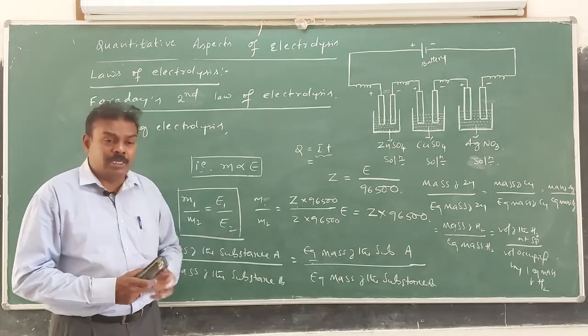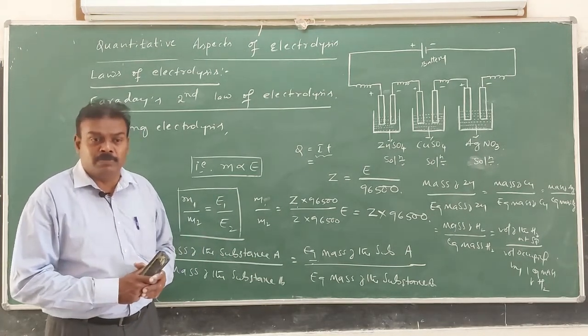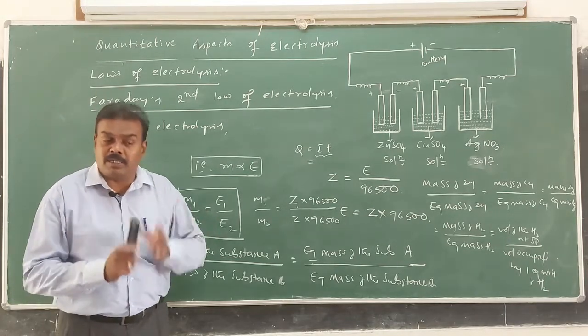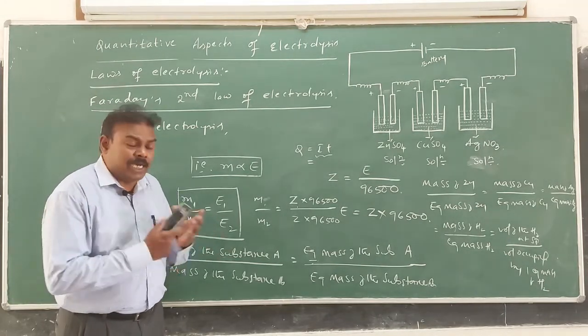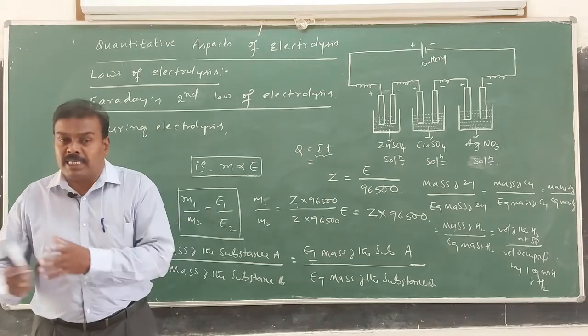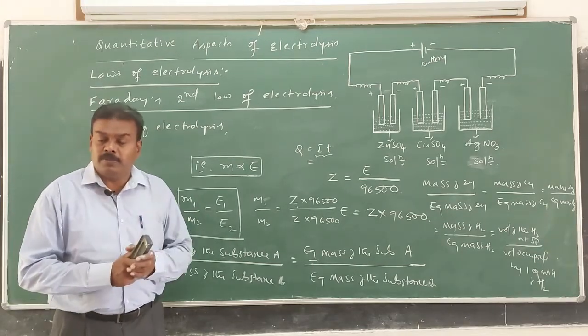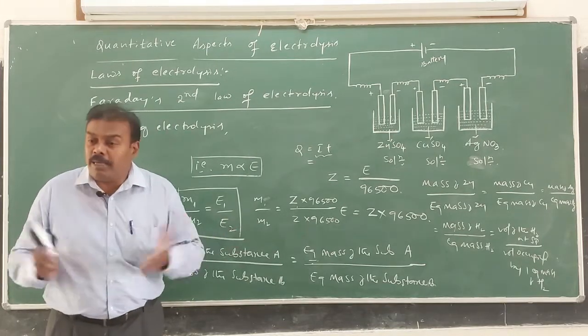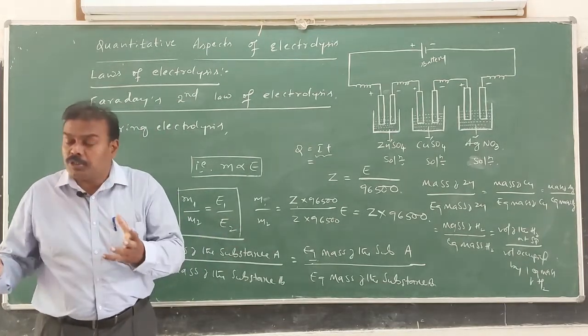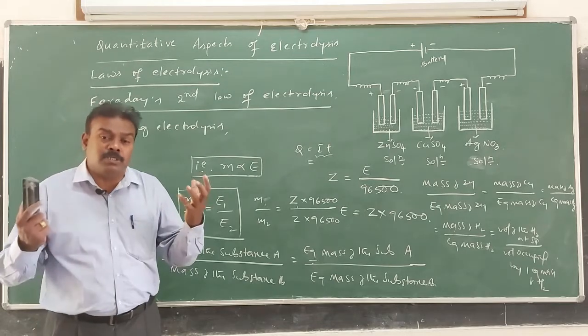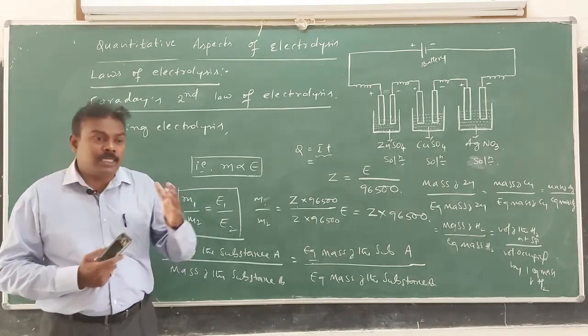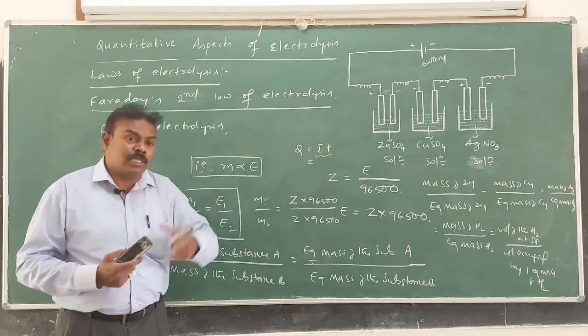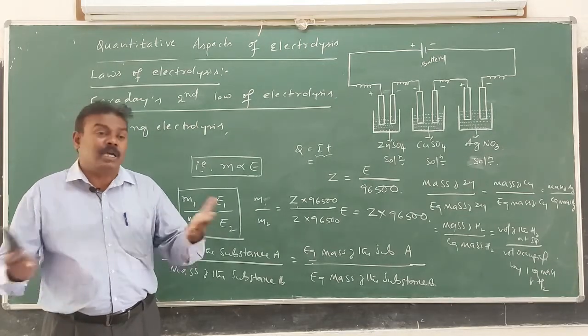For example, chemical bonding in the first year, atomic structure, basic concepts of chemistry, the periodic table. In organic chemistry, hydrocarbons and the basic concepts of organic chemistry are all very important. Theoretically, we should know them very well. We should have a strong theoretical background, then only can we score maximum marks, even in competitive examinations.